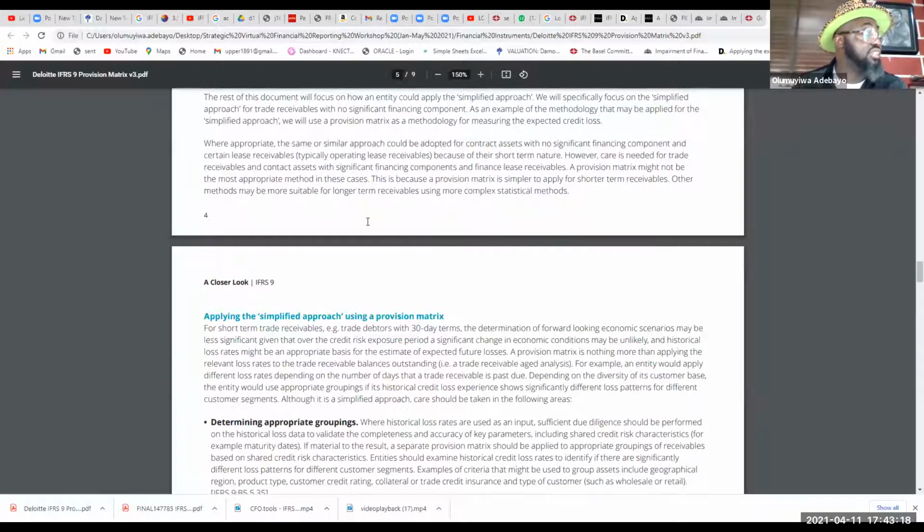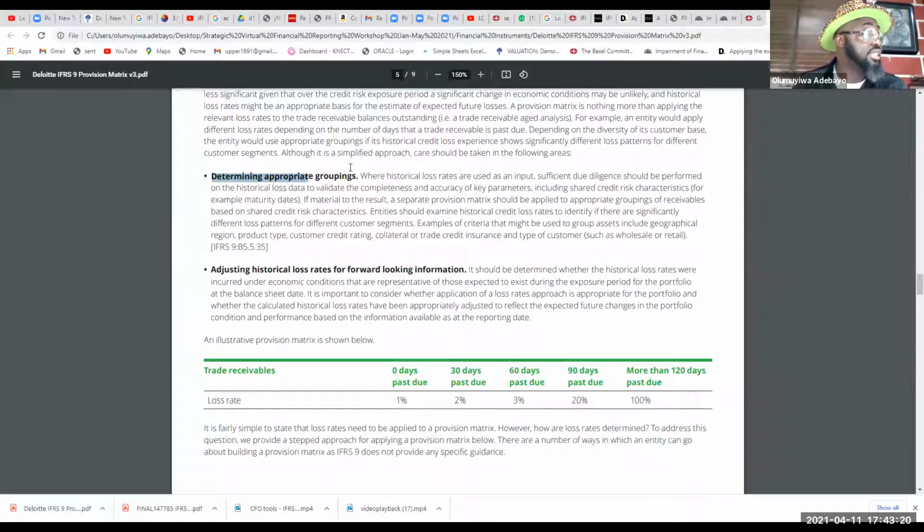Remember, one of those key factors is your grouping might be in days, and also the grouping can go by way of geographical distribution, or by industry, which means it's not necessarily that your loss rate will just be for one group. The loss rate for the same number of days past due might vary from one group to another. Commercial customers or wholesalers will not be grouped with retail receivables.